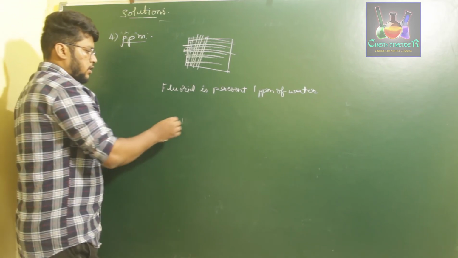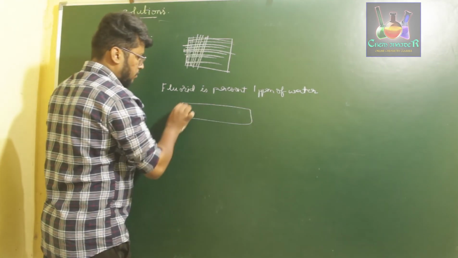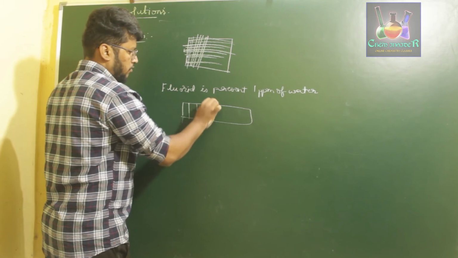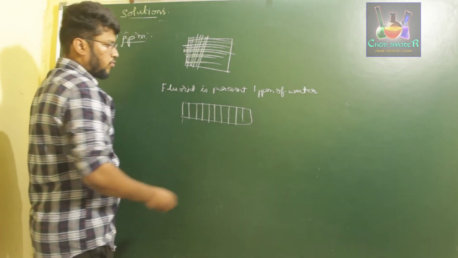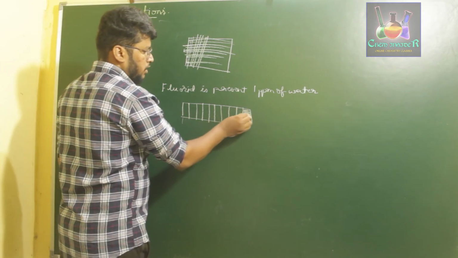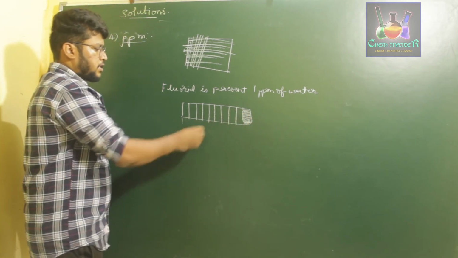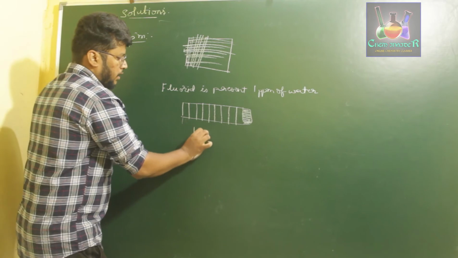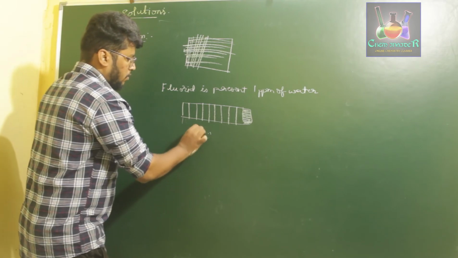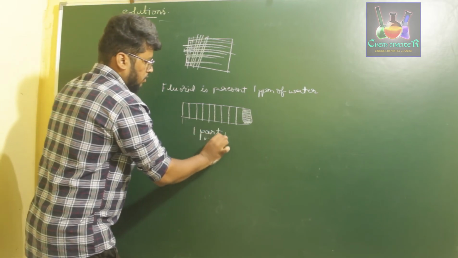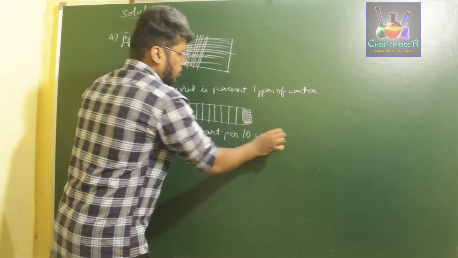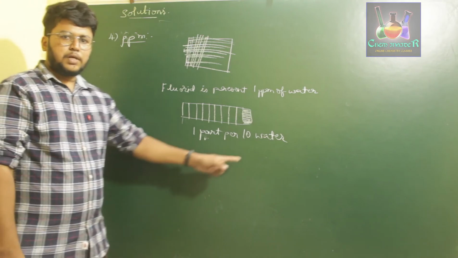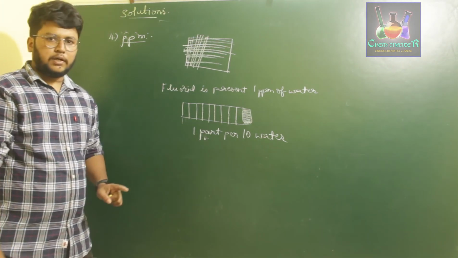So if you consider 10 parts of water, and in that one part is fluoride, then it is said as 1 part per 10. Out of 10 parts, 1 will be fluoride.